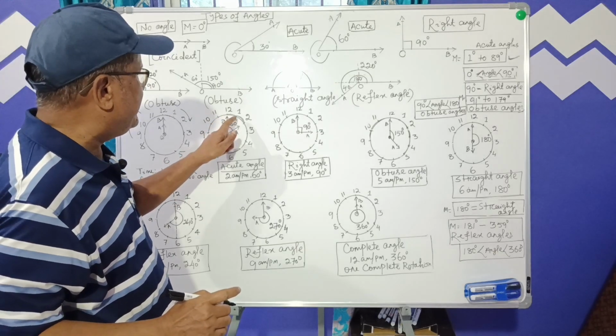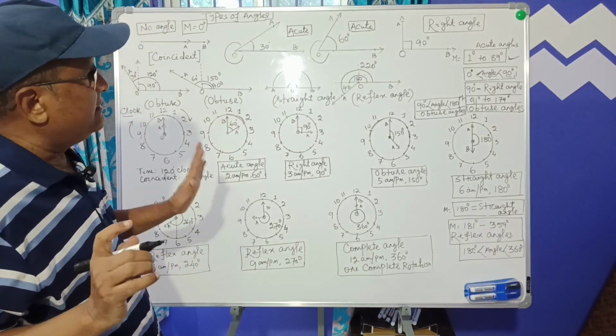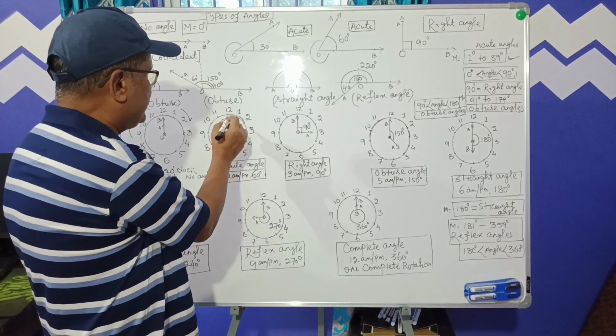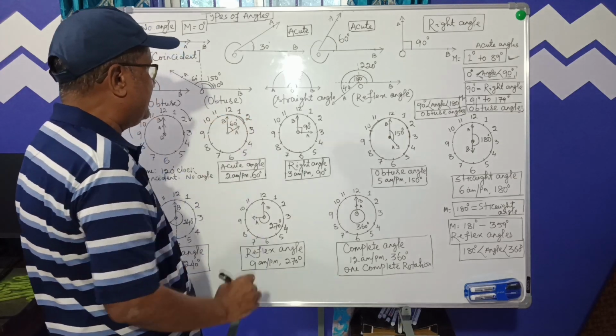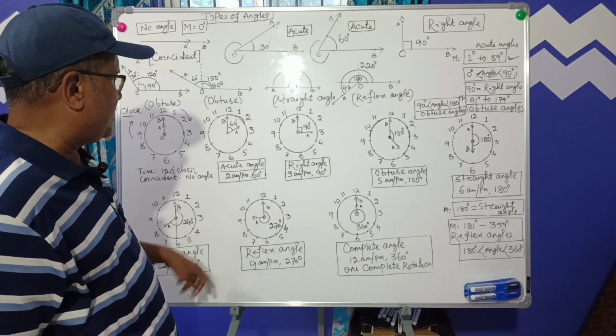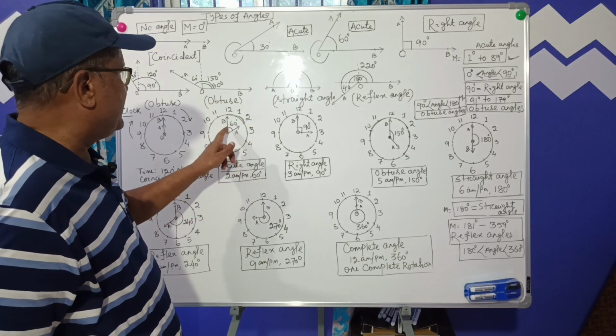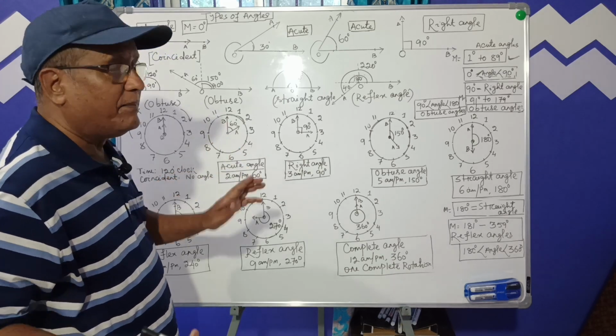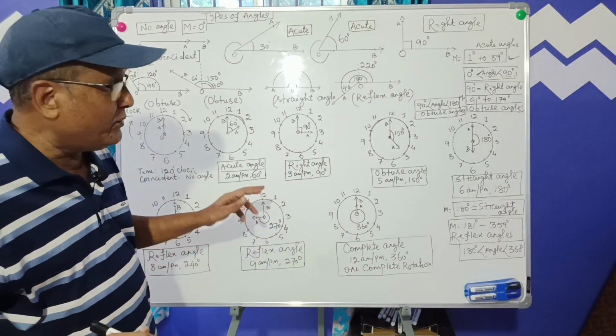For each 5 minutes, 30 degrees. That we shall discuss afterward. Now you see 30 plus 30, 60 degrees. So at 2 o'clock the measure is 60 degrees. It is an example of an acute angle.